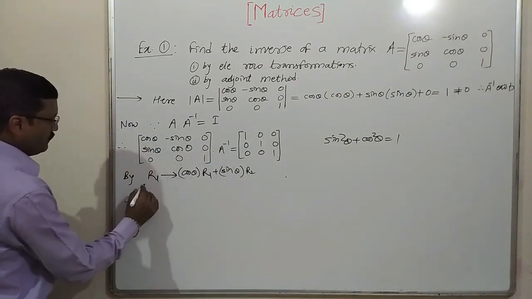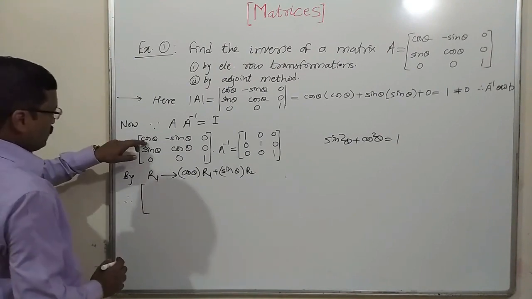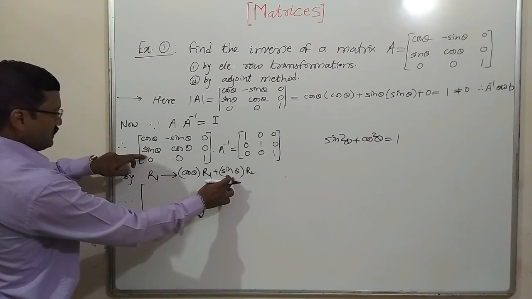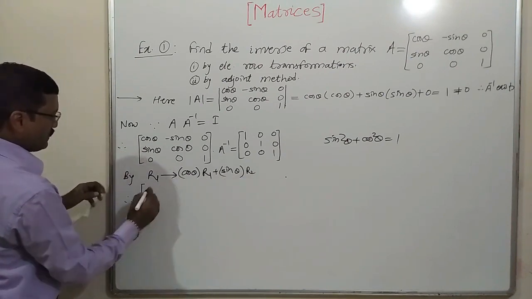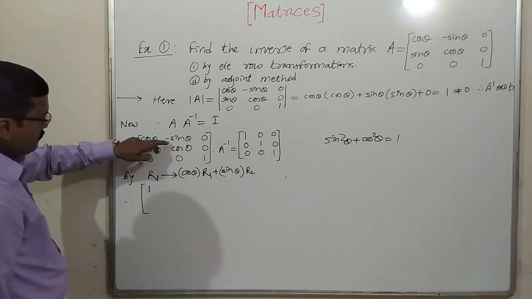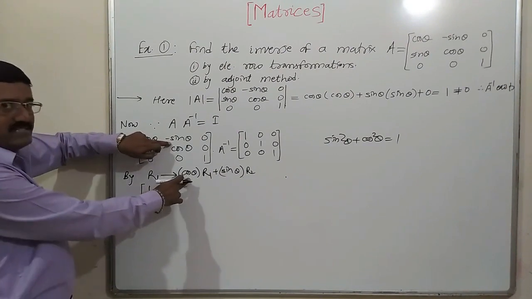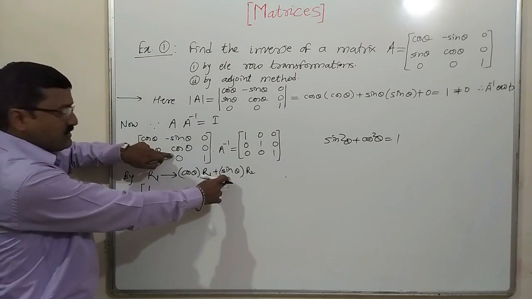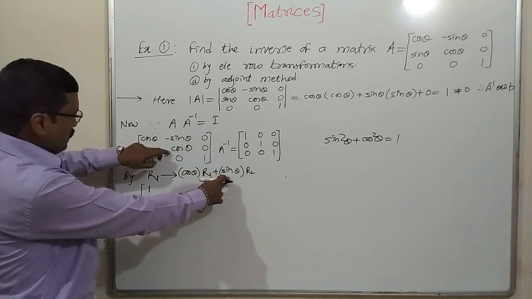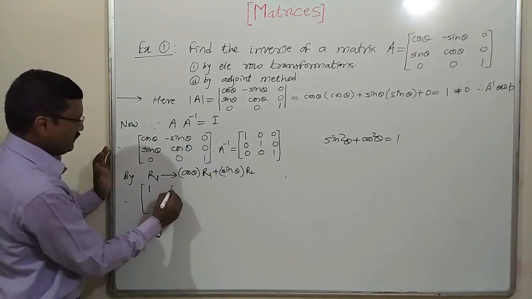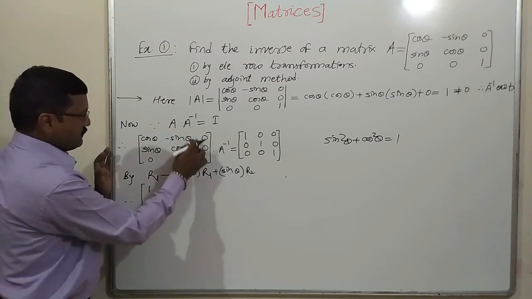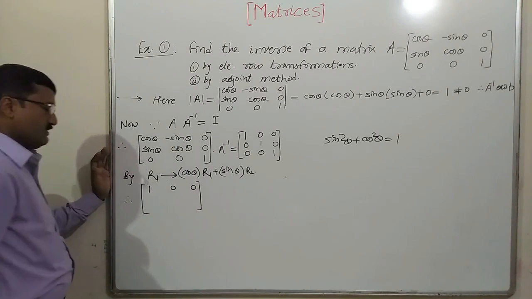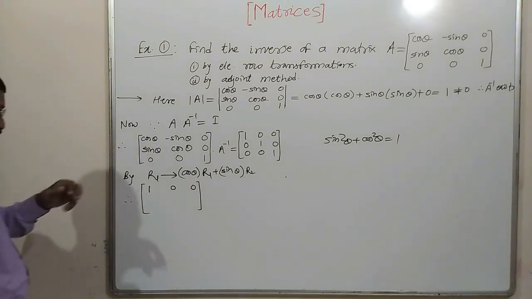Therefore, we get r1 into cos theta is cos square and r2 into sin theta is sin square. So cos square plus sin square, that is equal to 1. If you multiply this by cos theta, we get minus sin theta cos theta. Multiplying this by sin theta, we get plus sin theta cos theta. So adding these two negative and positive terms, we get directly 0. Third term is 0, 0, so that is 0.